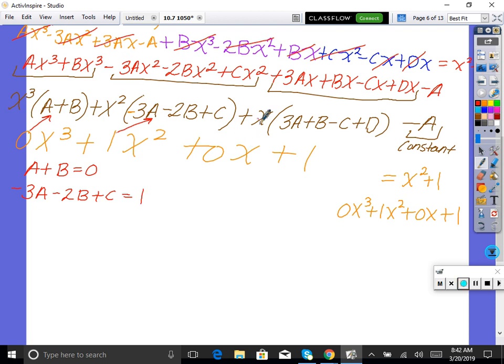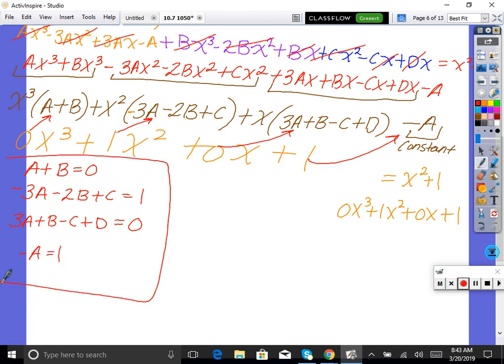It looks like x's line up, so we have 3a plus b minus c plus d needs to equal 0. And then my final truth statement is my constant equals my constant, so negative a equals 1. There's my system of equations. Let's start solving that bad boy.